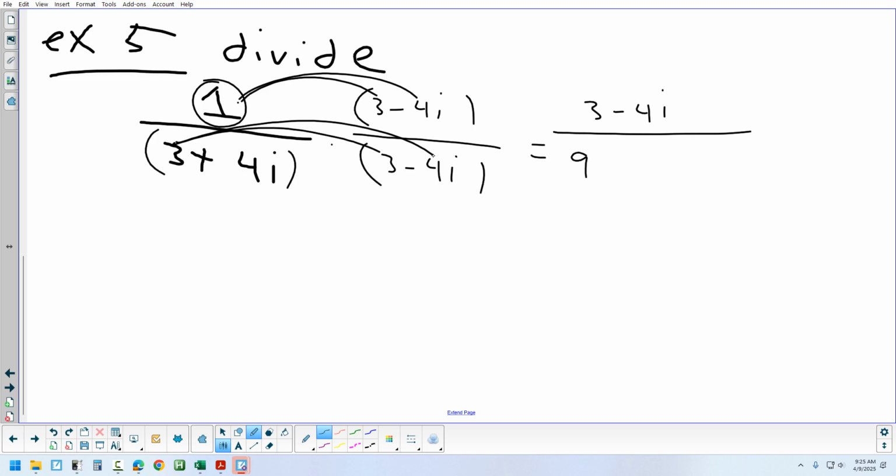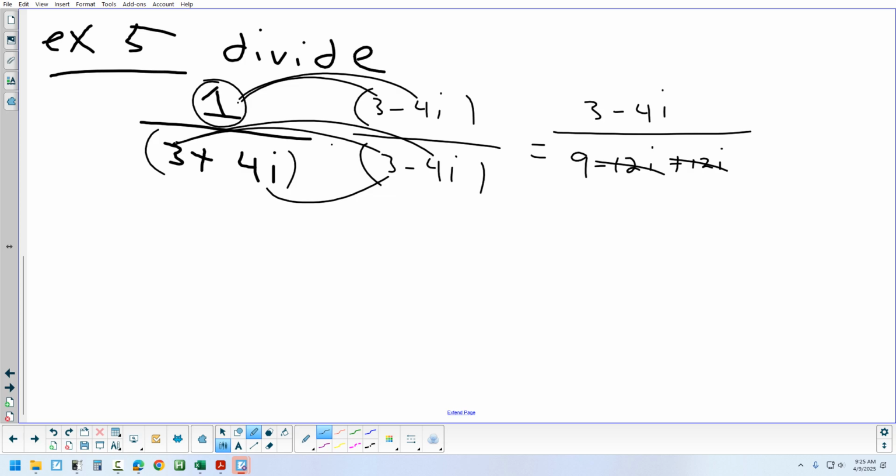Negative 12i. What's 3 times positive 4i? Positive 12i. Negative 12i, positive 12i. Every time you multiply conjugates together, those two things will always cancel each other out. That's how it works.